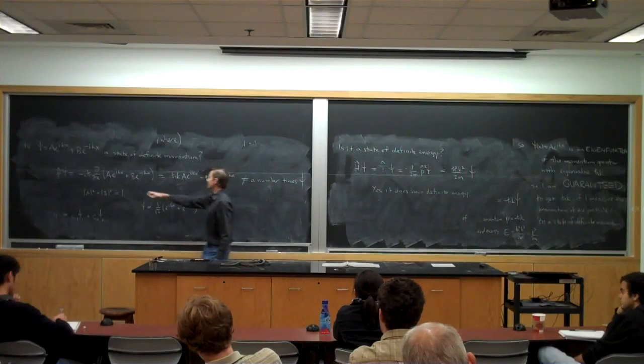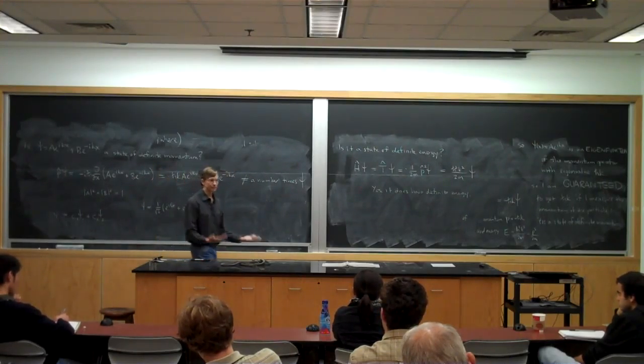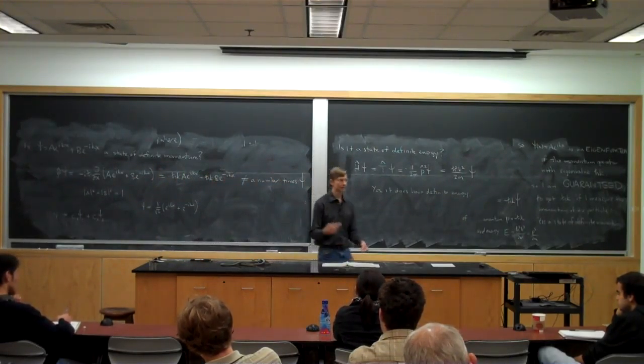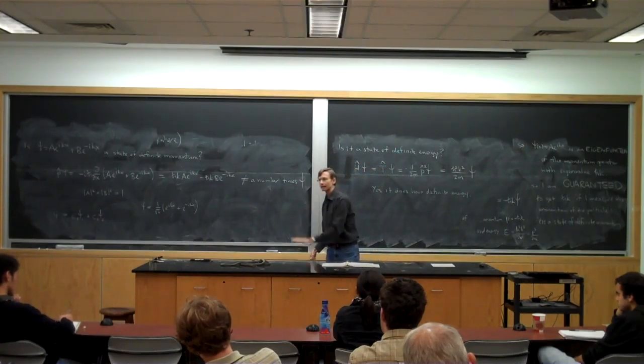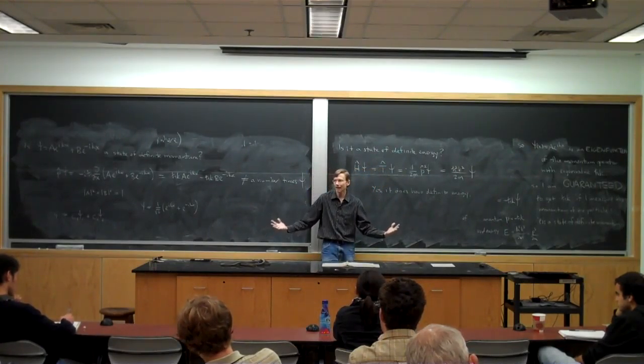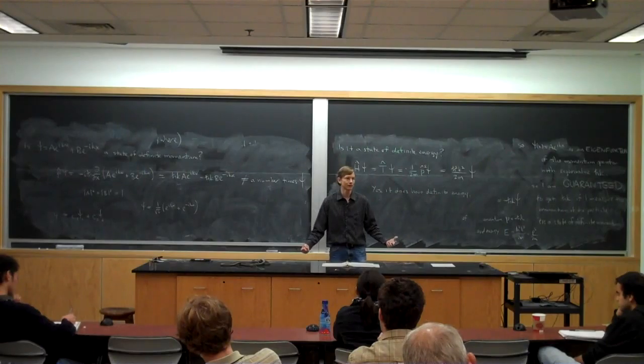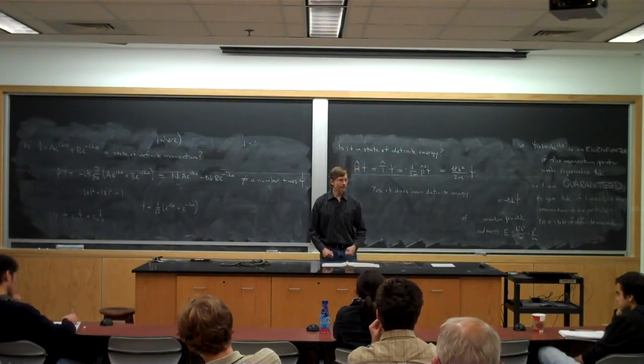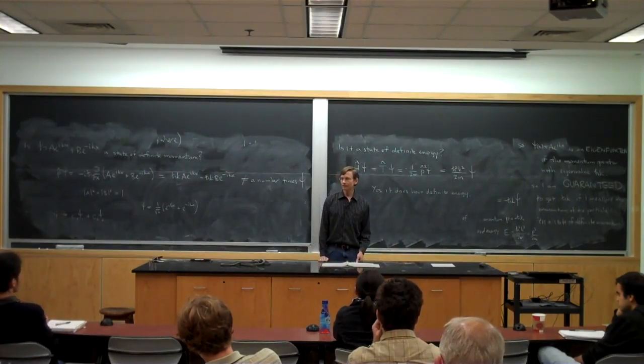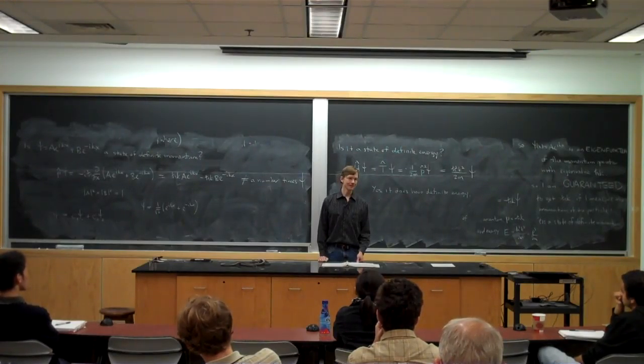And the sizes of a and b, or really a squared and b squared, determine the probability of getting plus h bar k and the probability of getting minus h bar k. So that doesn't happen in classical physics. You can't have a classical particle where it's got a definite kinetic energy, it's definitely moving at some speed, but it might be moving to the left, it might be moving to the right. It's in a superposition, right?